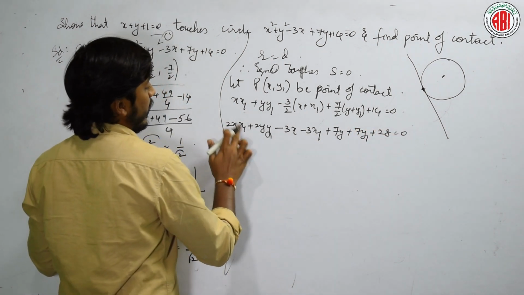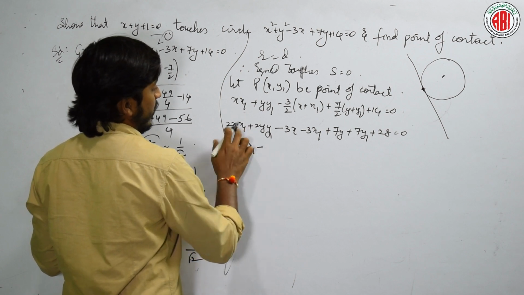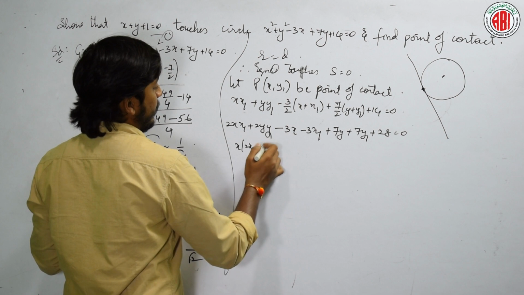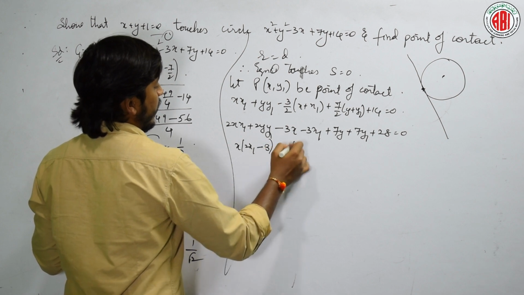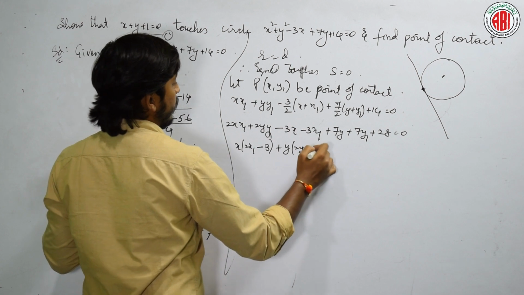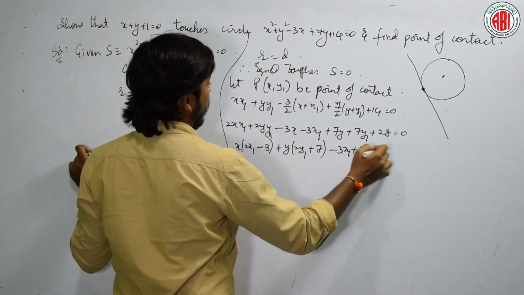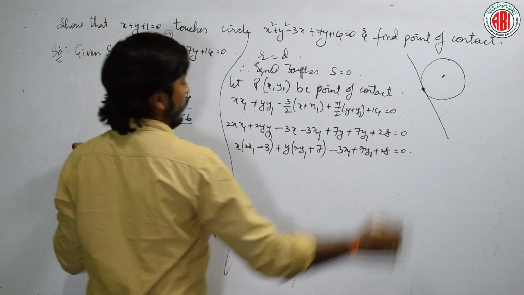So, if I take x common, I will get 2x1 minus 3. If I take y common, 2y1 plus 7. So, minus 3x1 plus 7y1 plus 28 equal to 0.